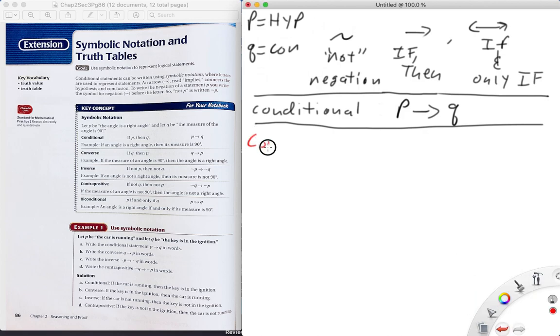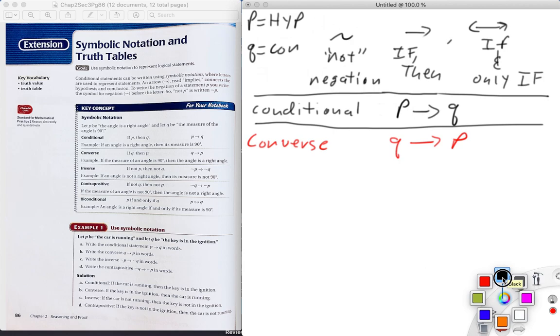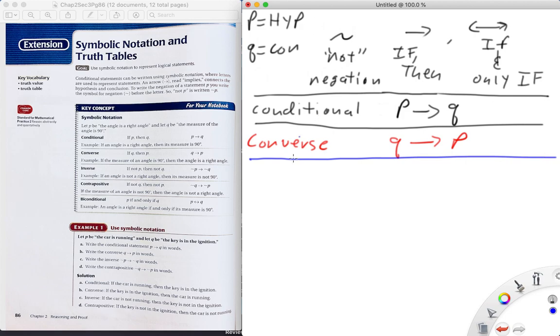And the converse, remember, flips the order. The converse is if Q then P. And then we have the inverse, which is the negation. And the inverse is going to be if not P, then not Q.